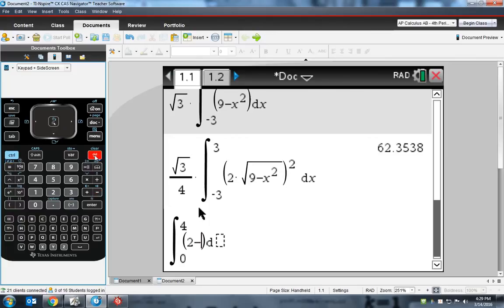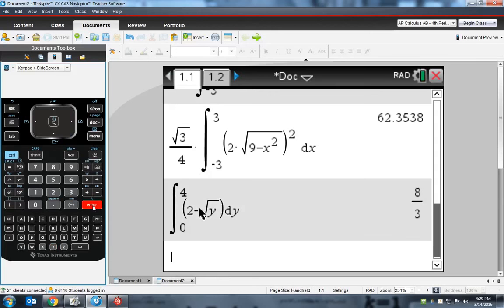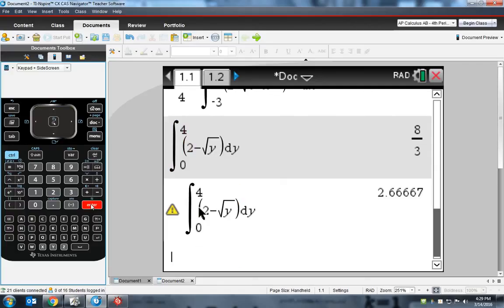Whoops, that's not what I want. The square root of y, and it is dy. And we should get the 8/3, okay? And that 8/3 is what we got from before, or 2.667. Again, if I go up there and I press Control Enter, I get 2.667.